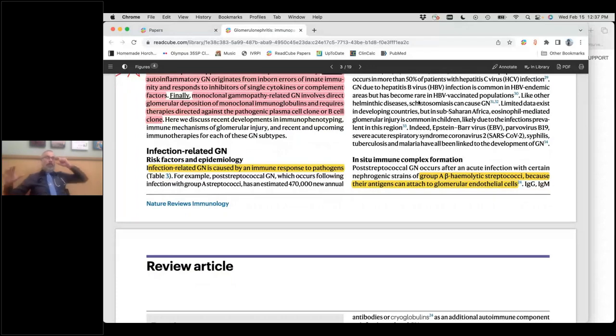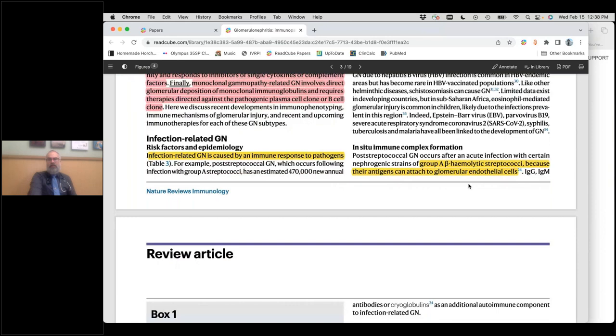viruses, most of those are probably going to be the immune response to the virus wherever its source is, in the lungs, in the liver, in the upper respiratory tract, wherever, and then you're likely going to have circulating immune complexes that will become deposited. But you can also have in situ complexes, and they talk about how with group A beta hemolytic strep, their antigens can attach to the glomerular endothelial cells.